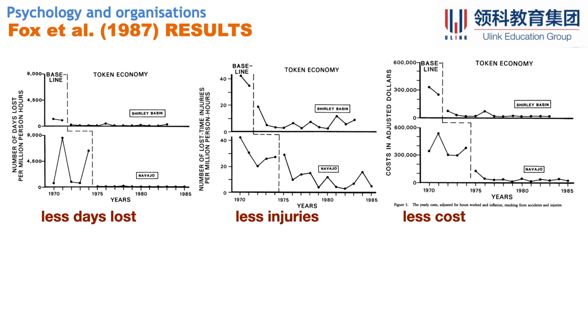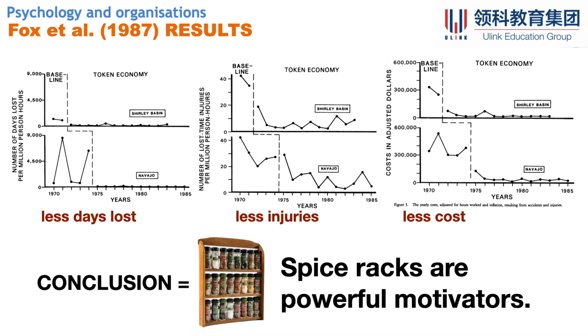So by having less people injured, like I said, there's less medical costs. There's also less days lost by the employees. So you're saving money that way. You're having a more efficient mine. So on all measurable scales, this was successful. And again, the conclusion I make is spice racks are powerful motivators in saving lives.